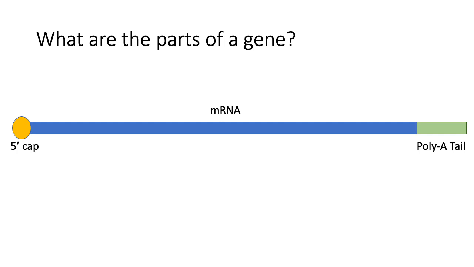And it has a poly A tail, which is just hundreds of adenines in a row. And these 2 things keep the RNA from being digested and degraded, at least for a while. Okay, great. That's mRNA. That is the physical structure.